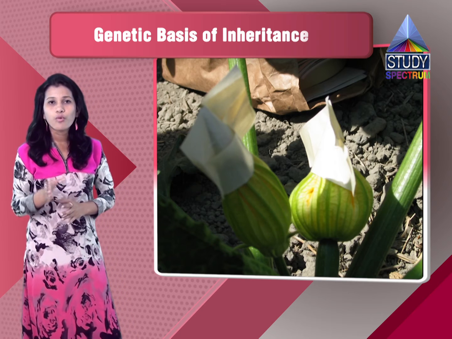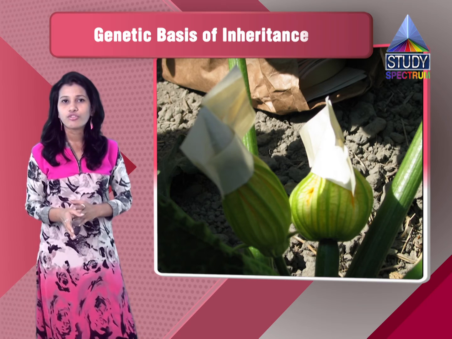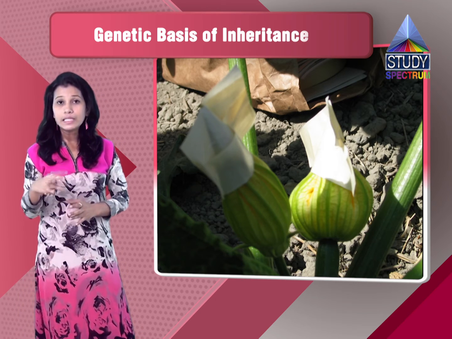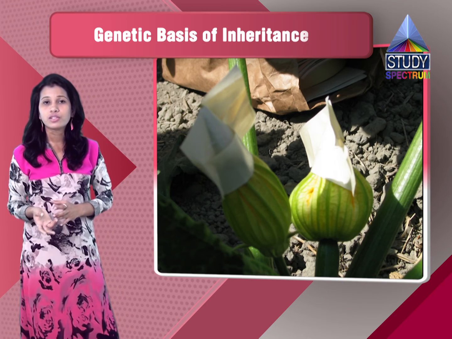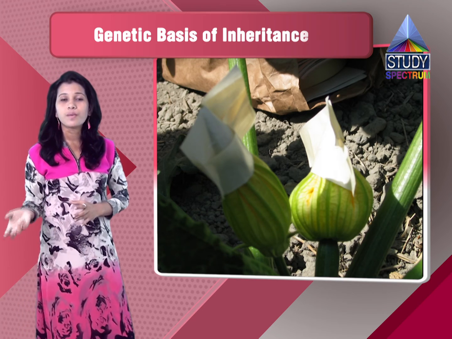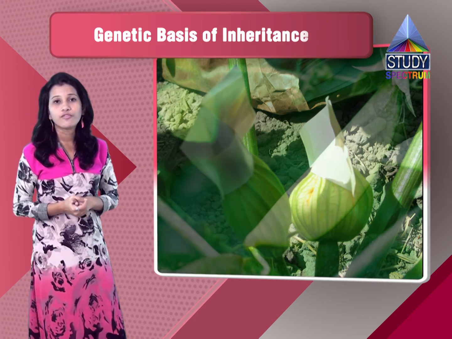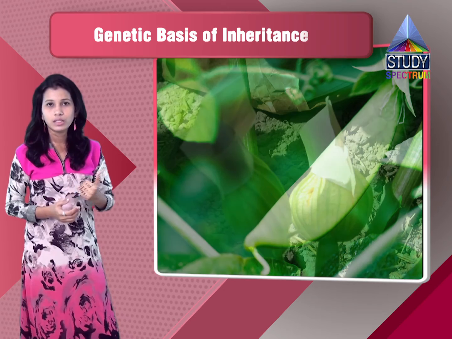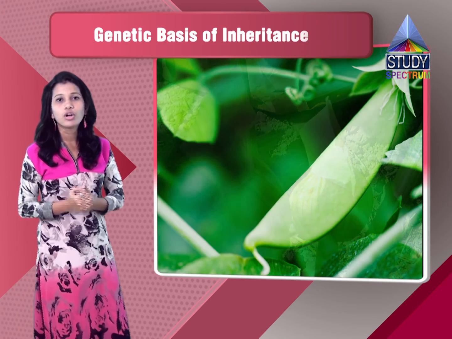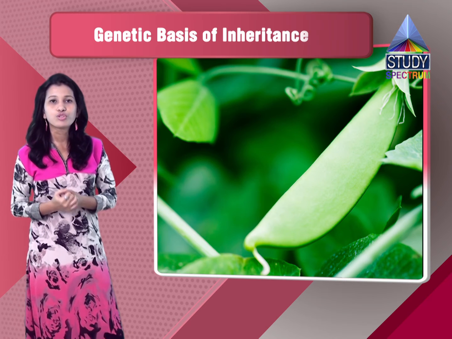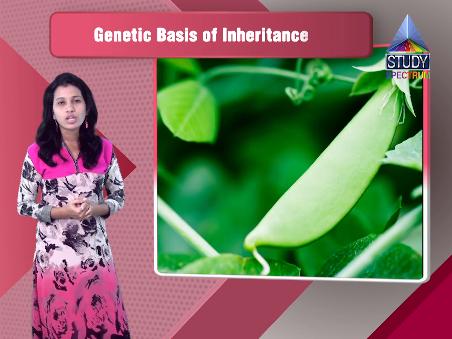The seeds which were produced by selfing the F1 generation were grown separately, and the products were seen. In the F2 generation, he got different products. We have seen already in the cross that he got the phenotypic ratio as 3:1 and the genotypic ratio as 1:2:1. So this is what is a monohybrid cross.